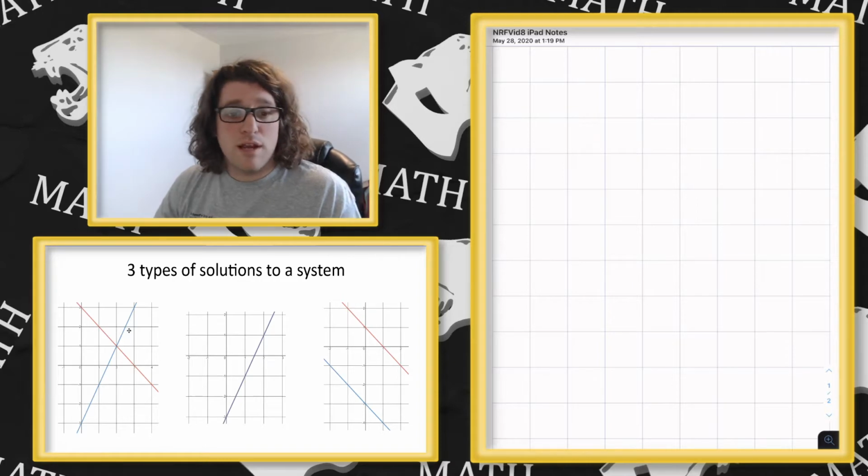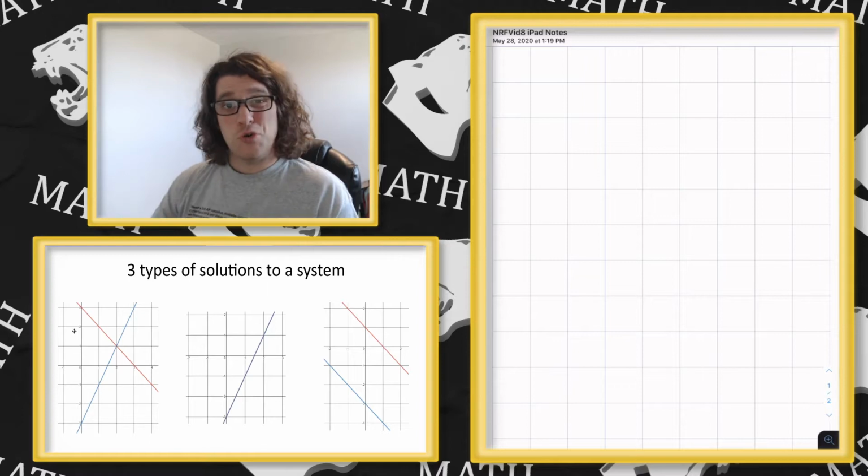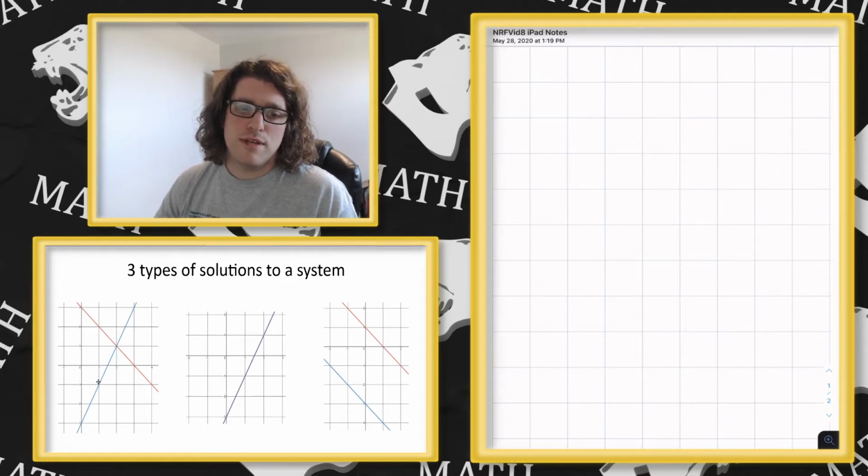If you were to plug in, for instance, a value of 1 into this function, it would give you a 2 as an answer. That is a solution to that linear equation. However, that solution of 1 comma 2 is not a solution to the other function, the blue one here.